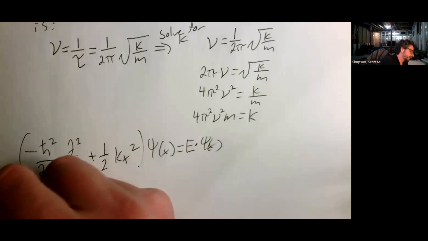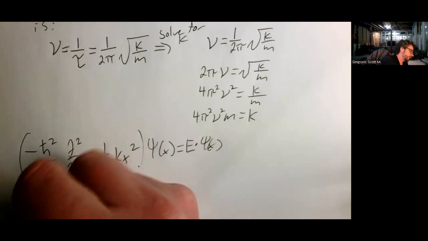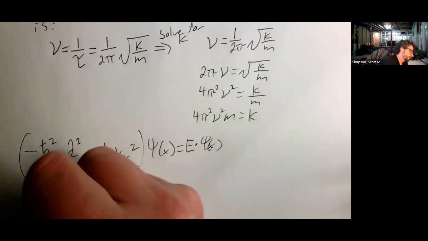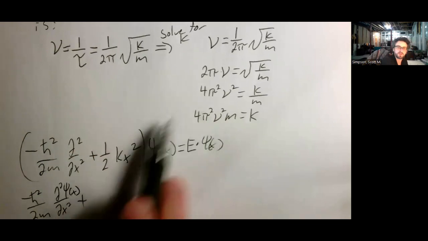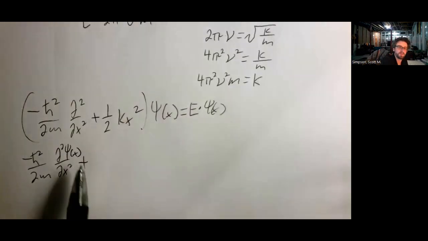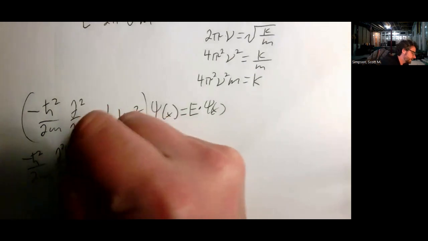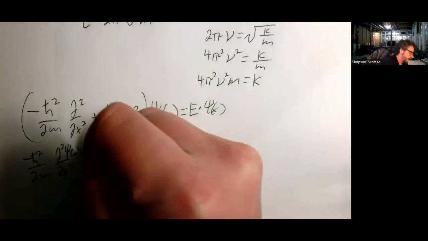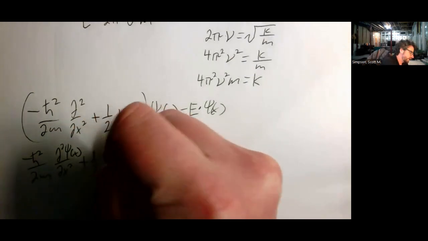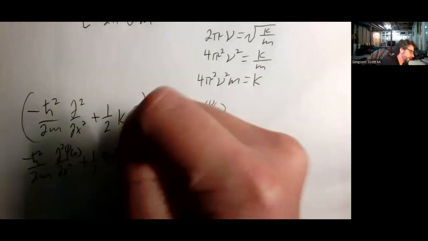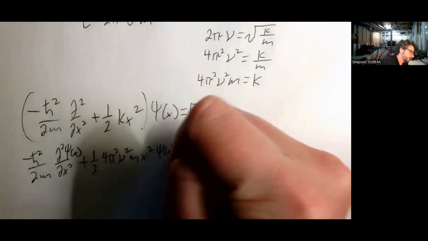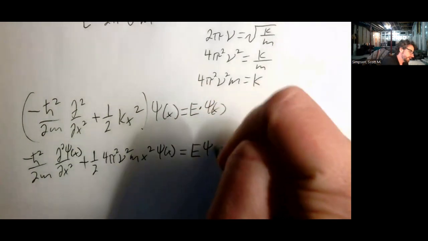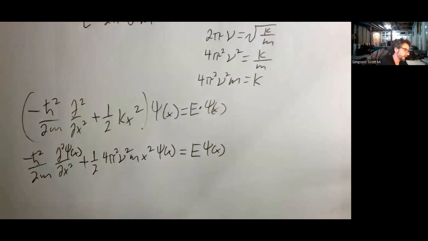So if we apply our wave function, what I'm going to do here is just distribute this wave function, or have the operators act upon it. 1/2 4 pi squared, the frequency squared, m x squared is then equal to E psi, which depends on x.